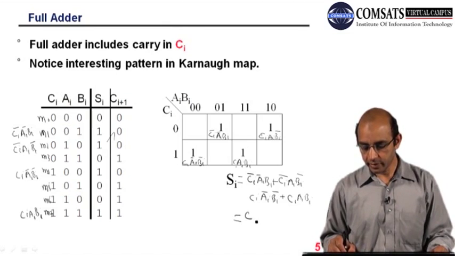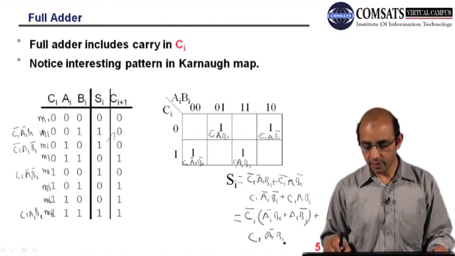So we are having Ci common, so here Ai Bi plus Ai Bi complement, right? So plus Ci common here, right? Ai bar Bi bar, right, plus Ai Bi, right?